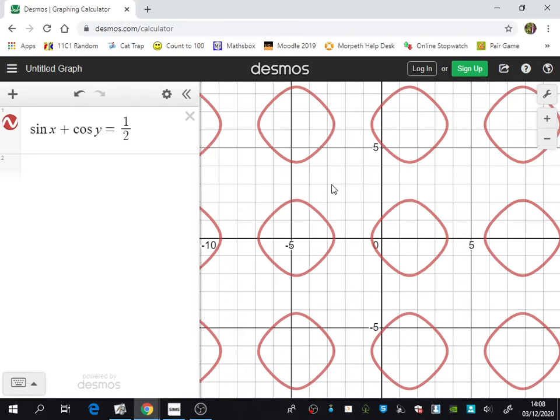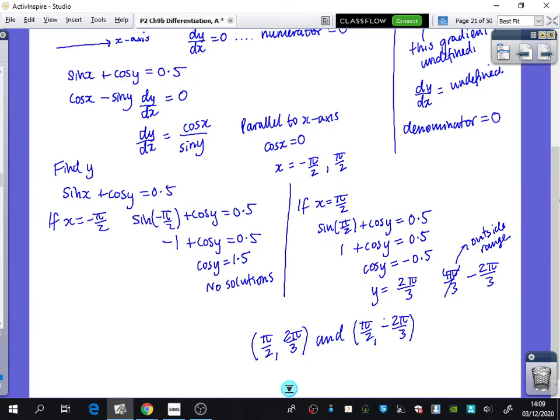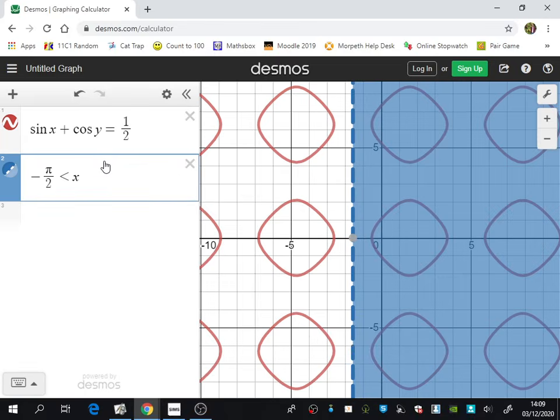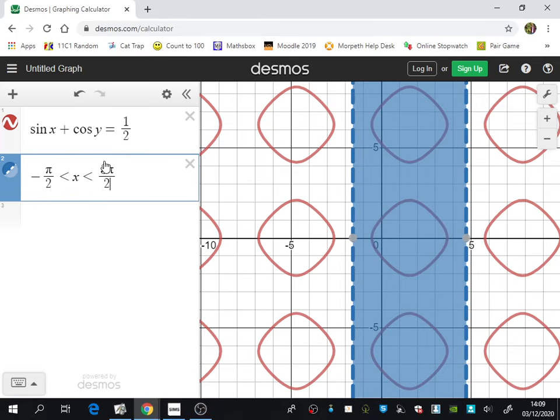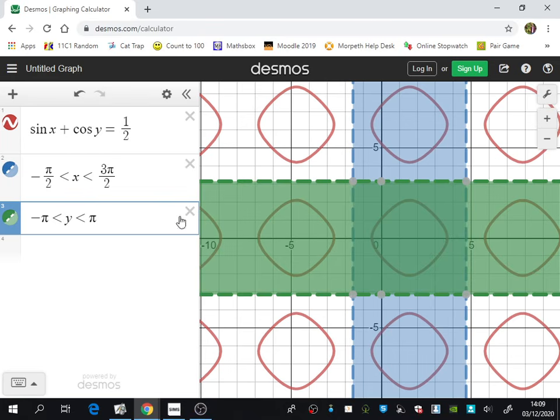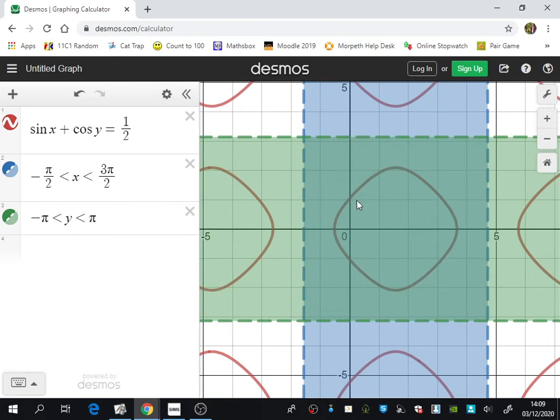Well, they've told us that the x coordinates are between minus pi over 2 and 3 pi over 2, so I'm just going to type that in. And that the y coordinates are between minus pi and pi. So we're actually only looking at just this single loop here. Everything outside of those loops is not included.